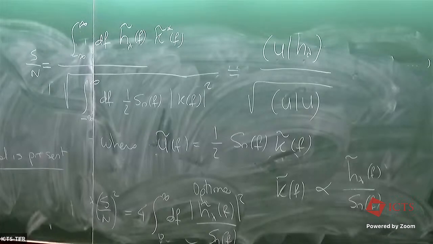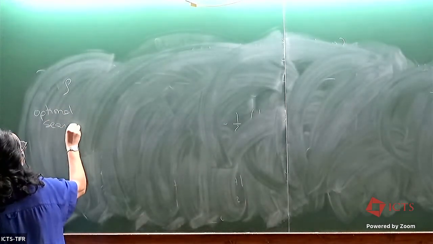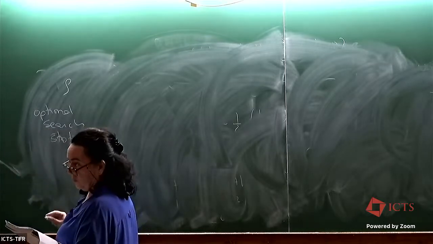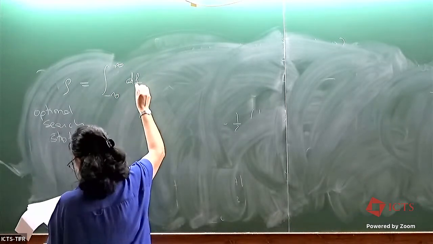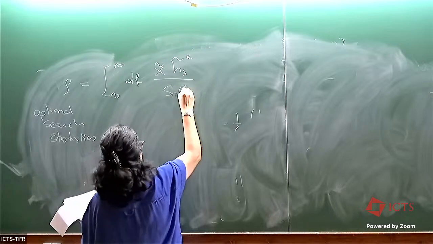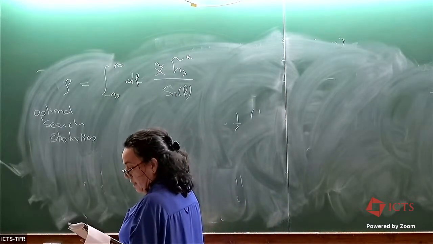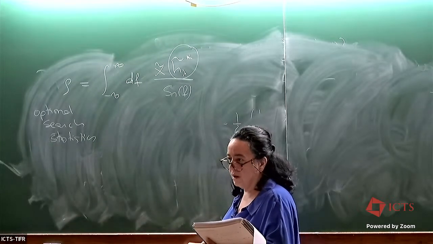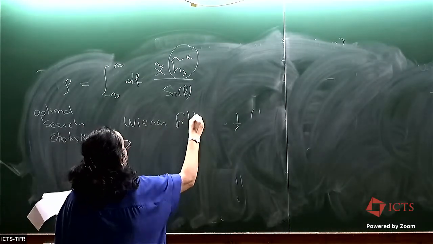Basically it tells me that the operation I should be doing is this operation, in which the templates have been normalized with respect to the noise, and this is called the Wiener filter.